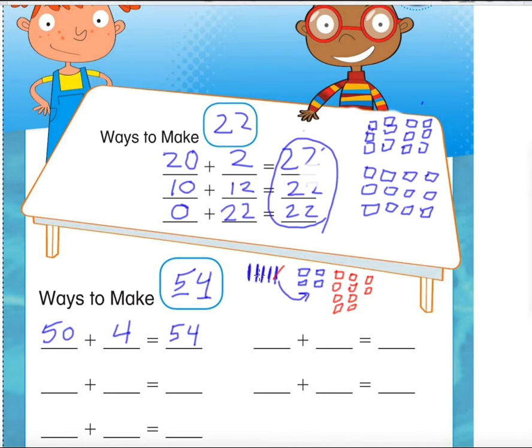So we can write 40. And if you put 10 over with the 4, we have 14. We have 14 ones all over here. And you can even count them to double check. 1, 2, 3, 4, 5, 6, 7, 8, 9, 10, 11, 12, 13, 14.